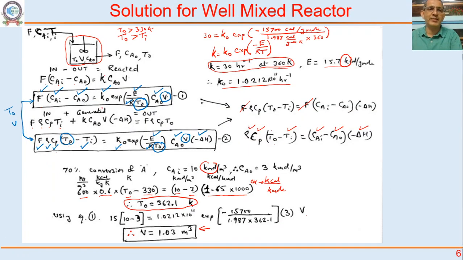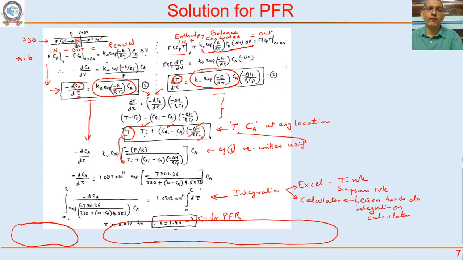You see, in a CSTR, in a well mixed reactor, temperature everywhere is T0. Temperature everywhere is higher. T0 is 362. Temperature everywhere was 362. Whereas in a plug flow reactor, inlet temperature was 330, outlet temperature is 362. Why is it 362?